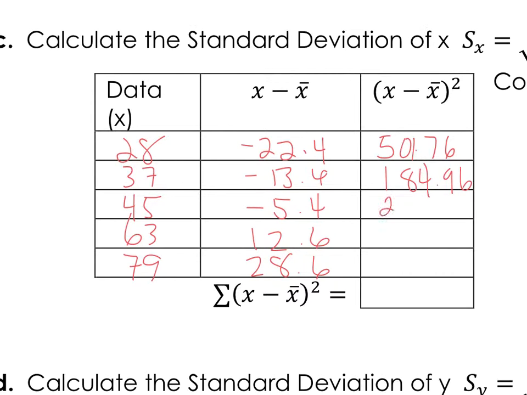So 29.16 is 5.4 squared. And then I get 158.76, and 28.6 squared is 817.96. And now one more time, we see that summation symbol, which is telling me to add all of those items up. Give me just a moment and I'll have that for us.